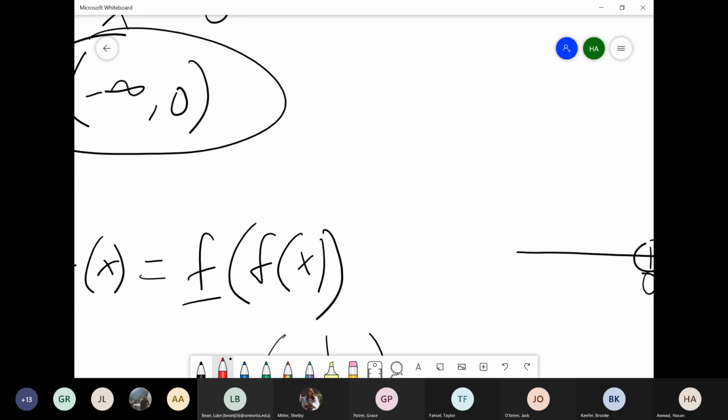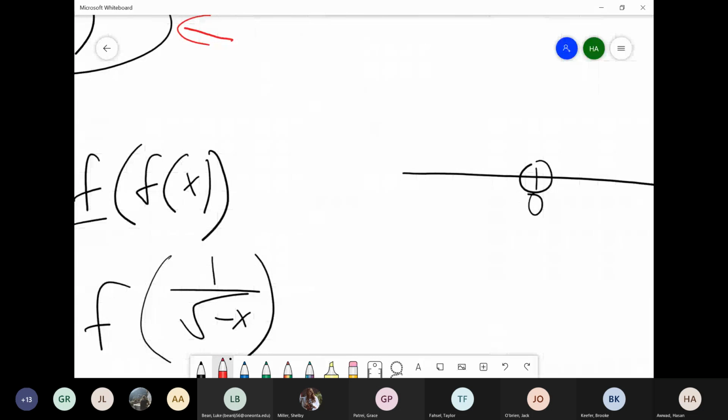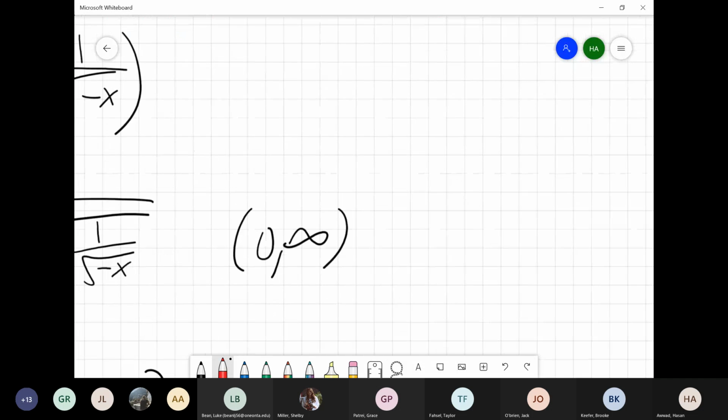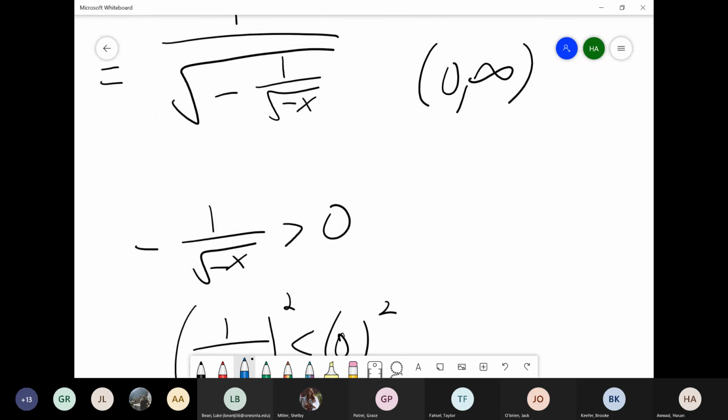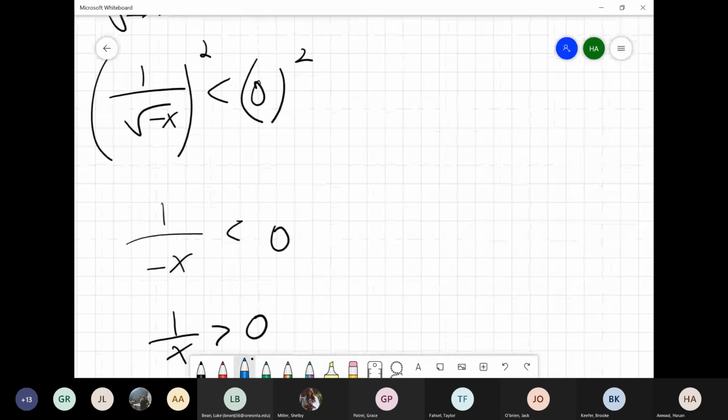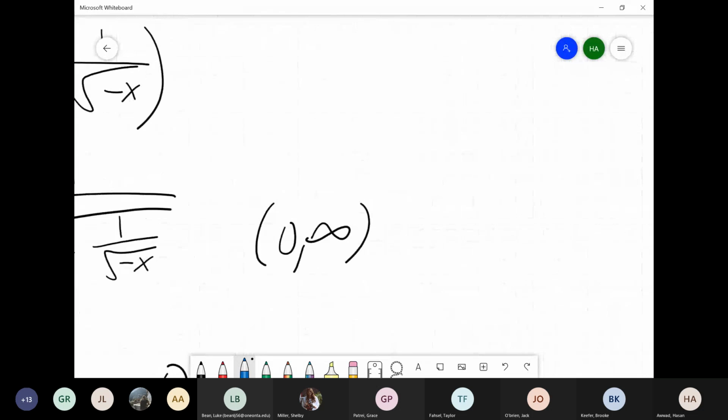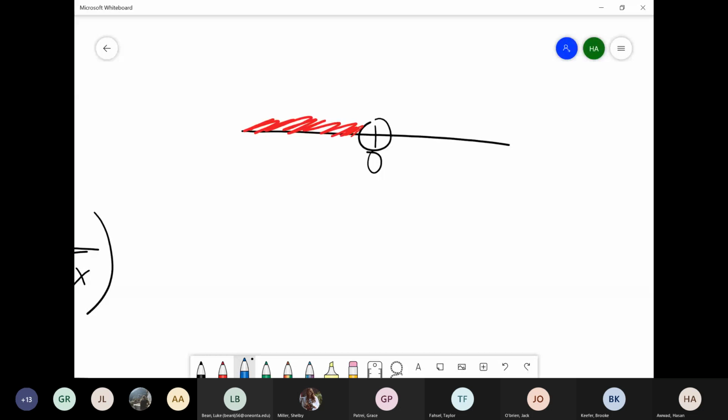So that's going to be this piece over here, and we found that to be all the negative numbers. And then for part C, going down this path and figuring out all of this business, we found it to be the positive numbers, right? So all the numbers that are bigger than 0. So that's going to be all of these.